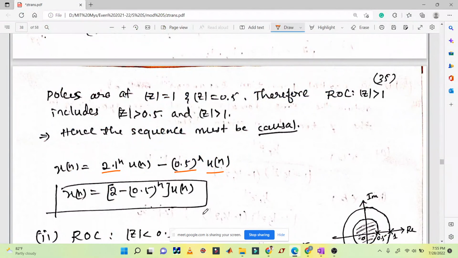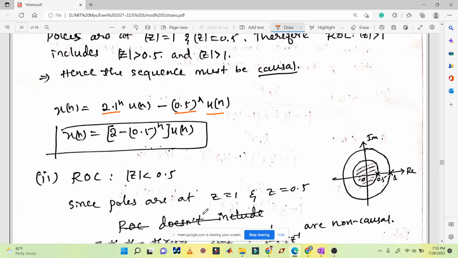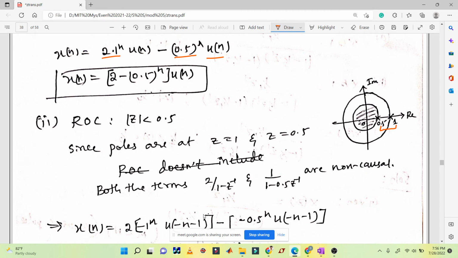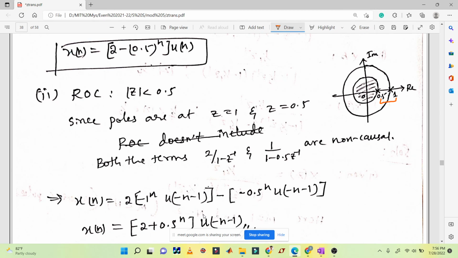In the next part, you can see here Z is less than 0.5. Z is less than 0.5 means both poles 0.5 and 1 are outside the ROC. That means instead of U of n, we are going to write minus 1 into U of minus n minus 1.